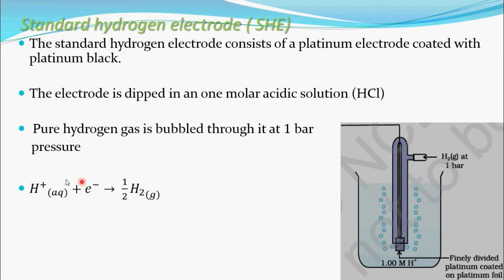These H plus ions of the solution take electrons and get reduced to H2, and like this it attains equilibrium between the hydrogen gas on the platinum electrode and the H plus ions of the solution.